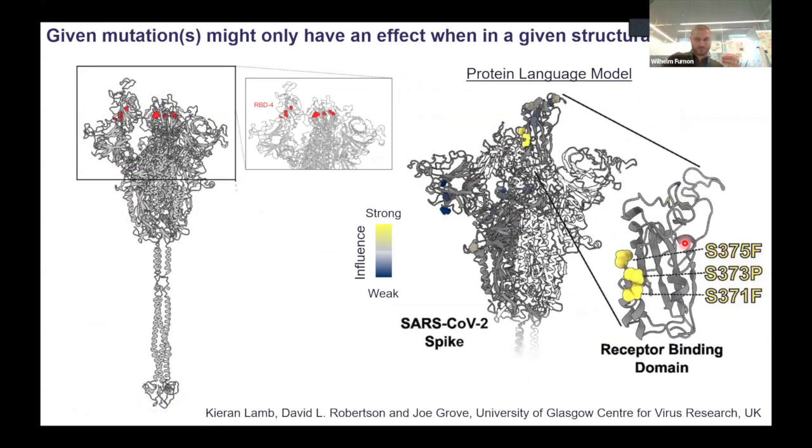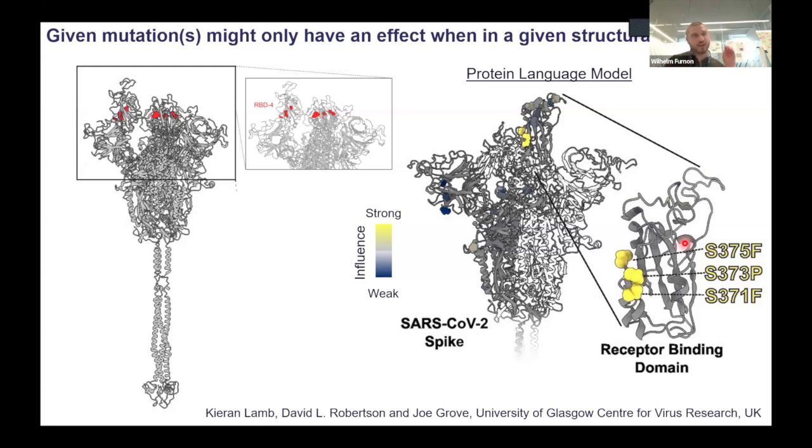So just suggesting that when you revert them, there is some sort of structural problem, or it's not very stable anymore, thereby affecting the potential phenotype. But that's something that we are trying to follow up.